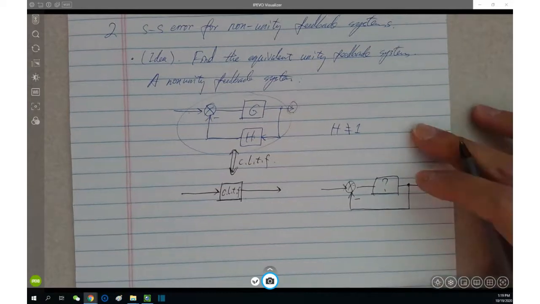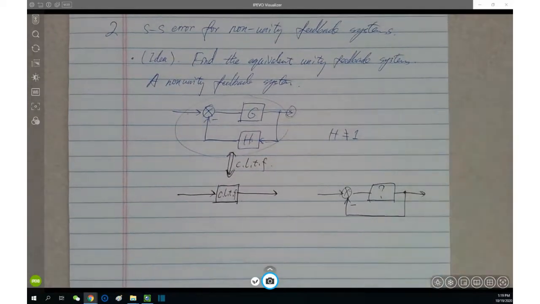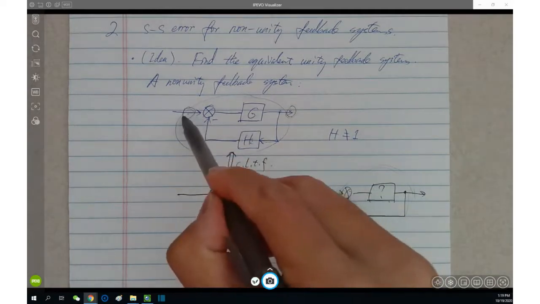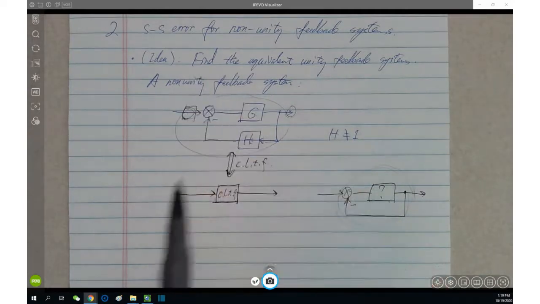Otherwise, we wouldn't need to worry about non-unity or unity, right? Before we make this unity feedback system happen, we cannot apply that formula. That's exactly the point. We move H to a summing junction. Move the H to here, you said? Yeah, and then multiply it by the R input.